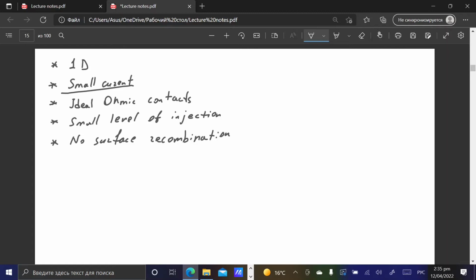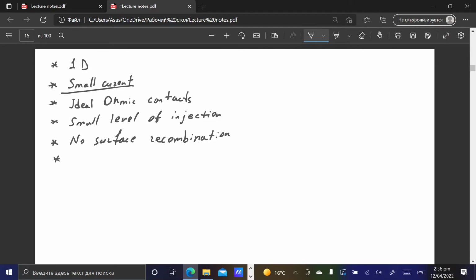I guess it was not involved there, which is a bit of a pity, but it's one of the parameters which shows how much the current voltage characteristic of a device deviates from the ideal one, which we would assume considering only pure diffusion charge transport without any contribution from generation-recombination.